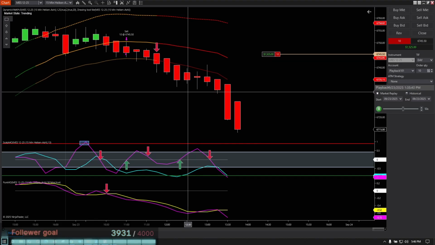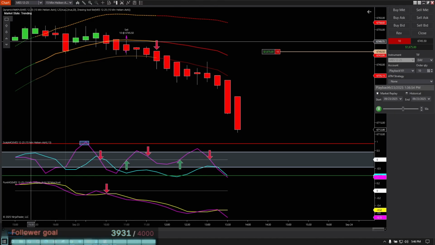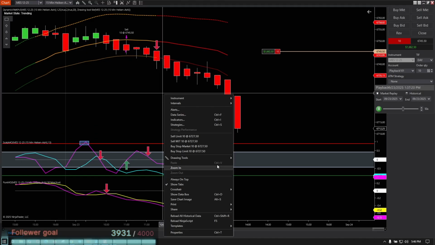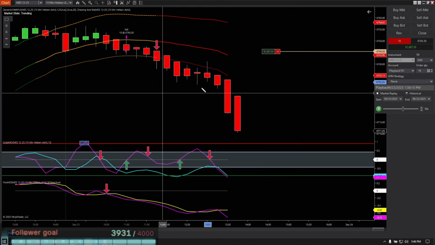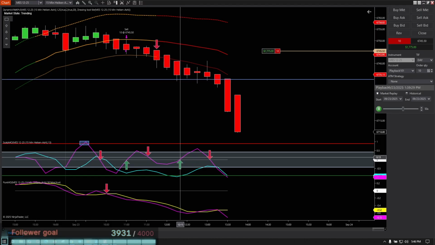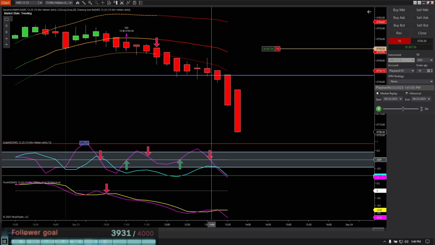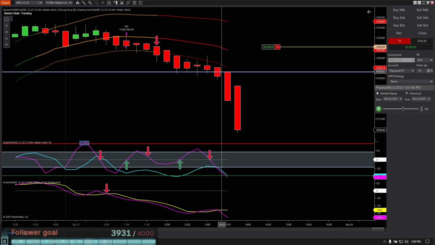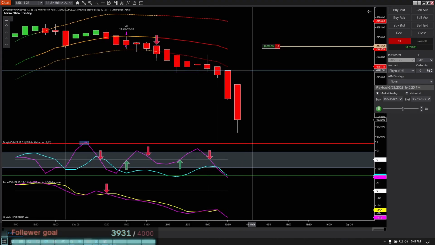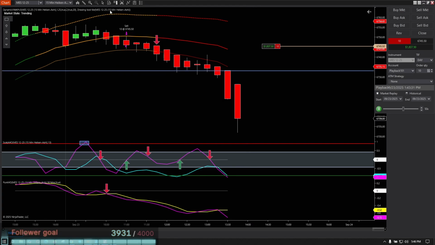If I put a vertical line right there, price just went sideways, okay? So in fact, let me just go ahead and illustrate that. There you go. So that's right here when it crossed above zero. You see how price just went sideways? And the moment that price was about to accelerate and take off, this is where it would have gotten you into the trade, okay? So that's how ScalpMO works.